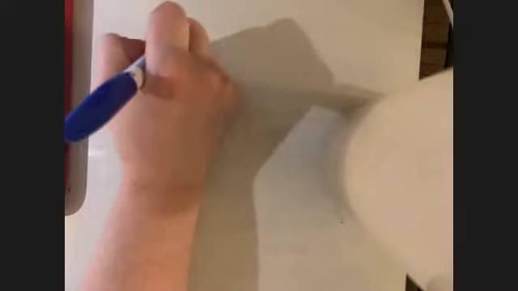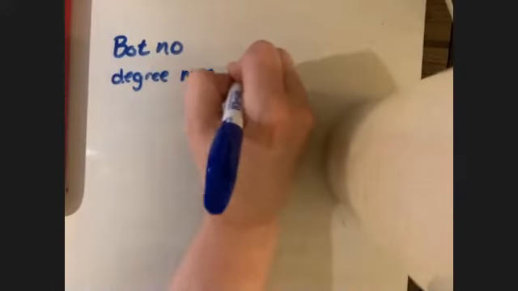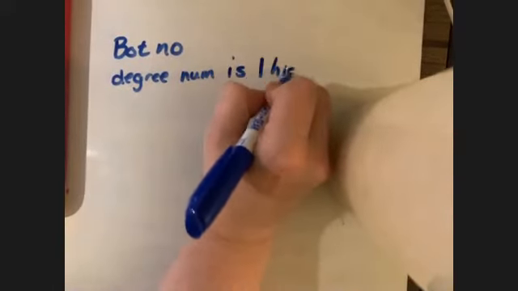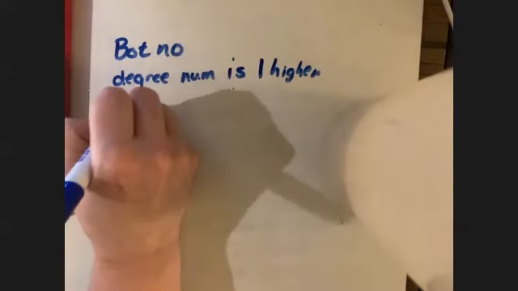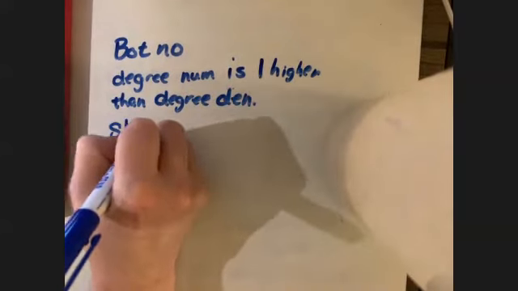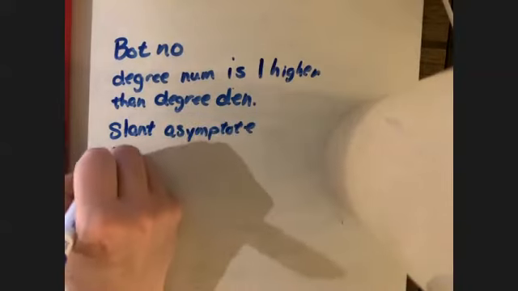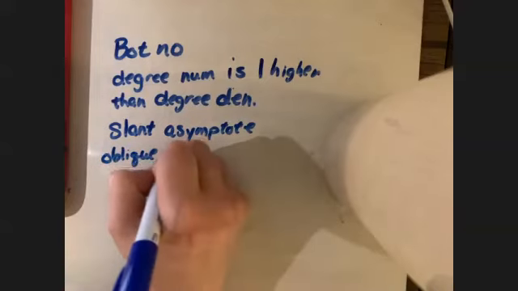If we are in a bot-no, but the degree of the numerator is 1 higher than the degree of the denominator, we have what's called a slant asymptote. They may also call this an oblique asymptote.